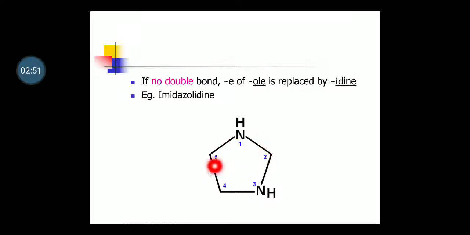And if there is no double bond, in that case E of OLE of imidazole is replaced with IDINE. So imidazole becomes imidazolidine. E got replaced with IDINE. So this is the way. And for the numbering, from either nitrogen we can start, because both are saturated, and the second nitrogen will get the third position. So this is the third rule.